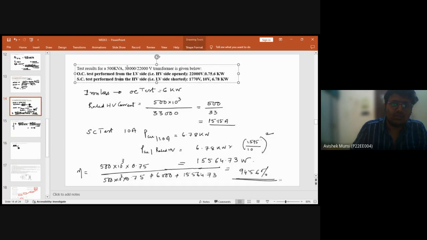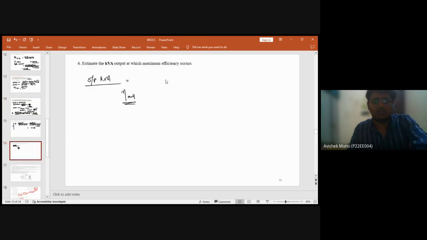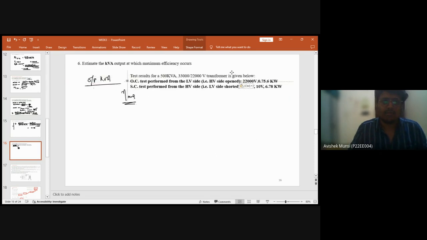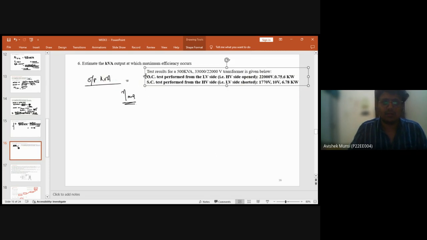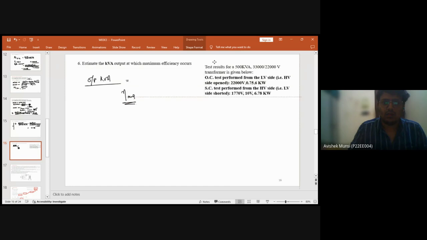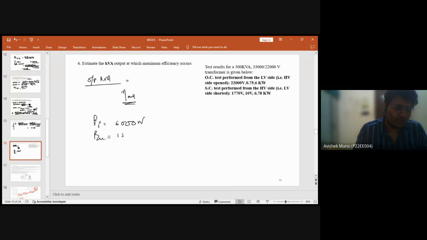So giving the data, this is the data, and we have calculated the iron loss as 6000 watt and copper loss as 15564.73. So now try to solve this.